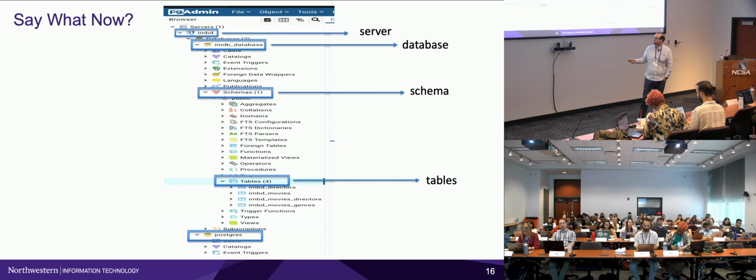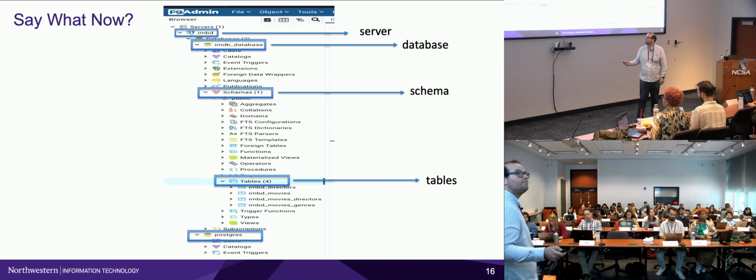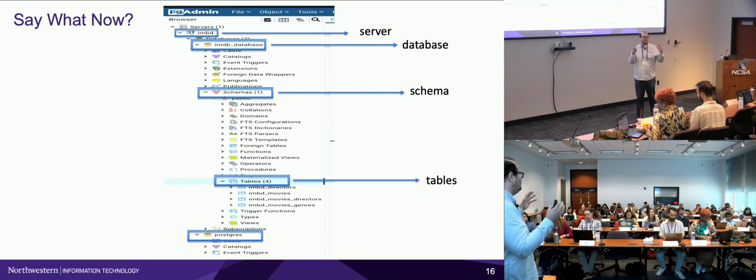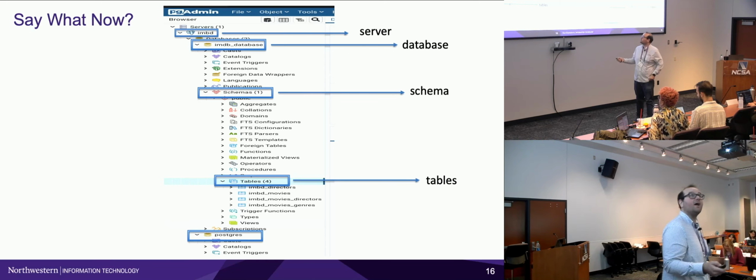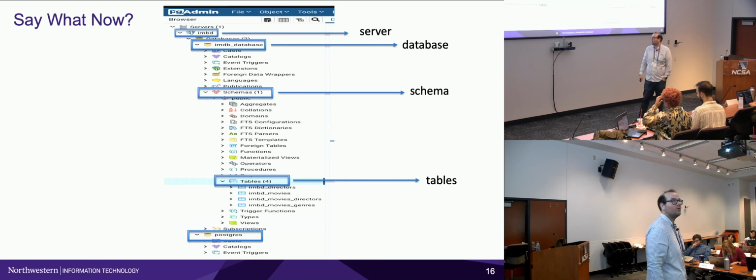The directors table, the movies table, the movies and directors pairing table, and the movies and the genre pairing table. Okay? So you can see that hierarchical flow visually better than in the words. And again, everyone's going to be able to access this, and they can play around with their own thing.